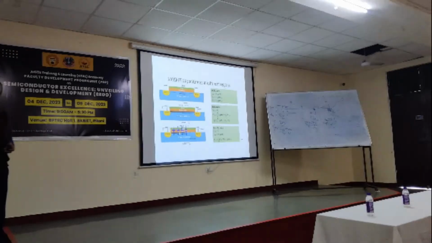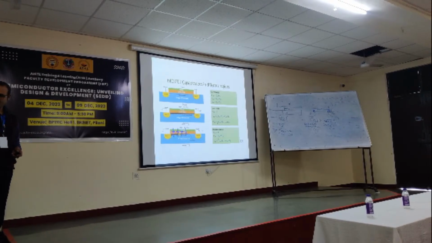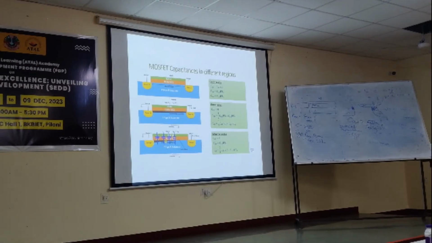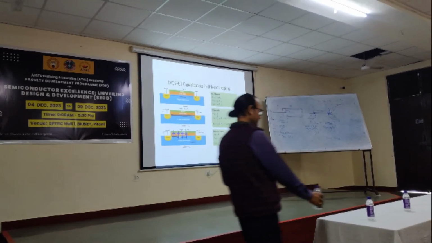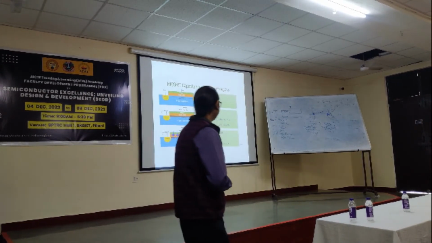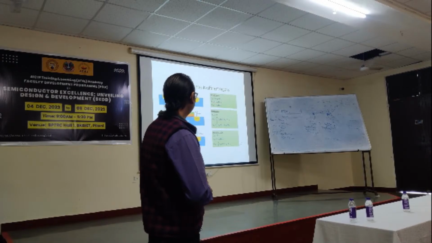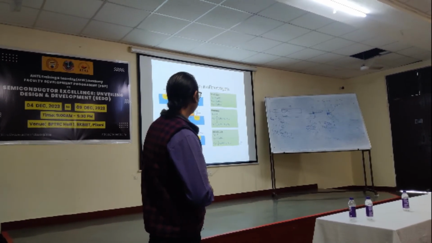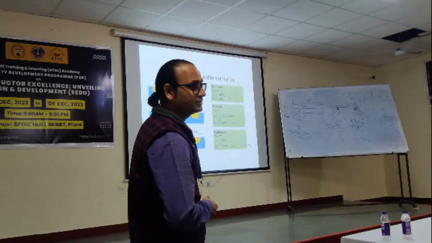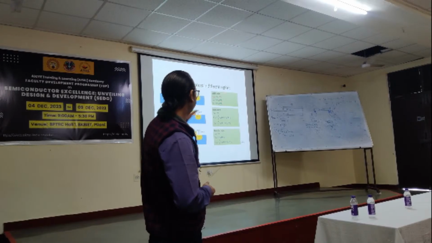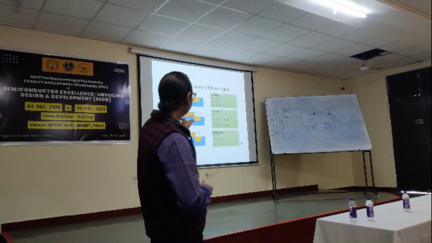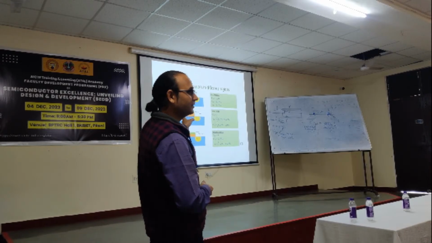So is it wrong? The CGB under linear and saturation region is 0. However, under cutoff, it is COX W L. See, cutoff means no channel is there, so obviously the capacitance is COX W L. W L is the area, and COX is the oxide capacitance, the MOS cap.